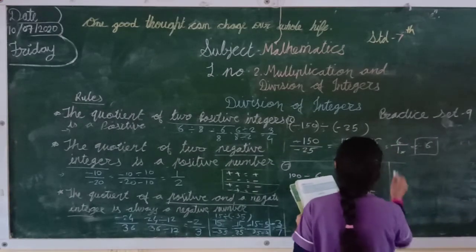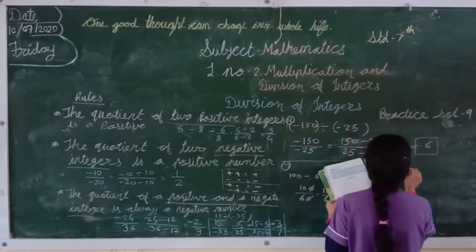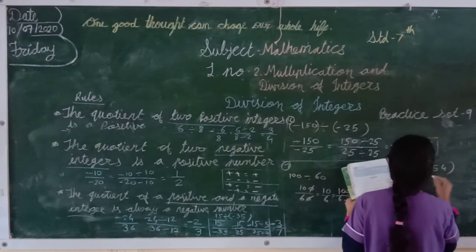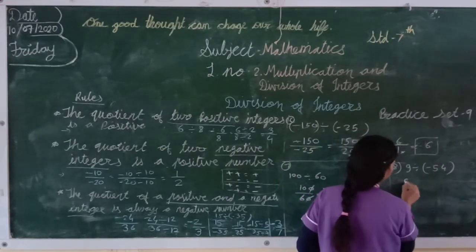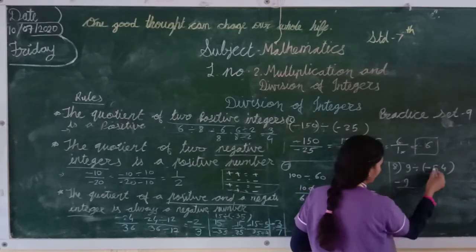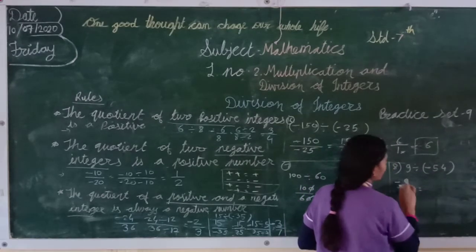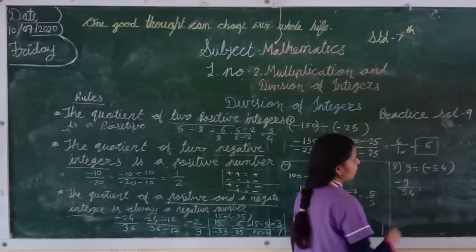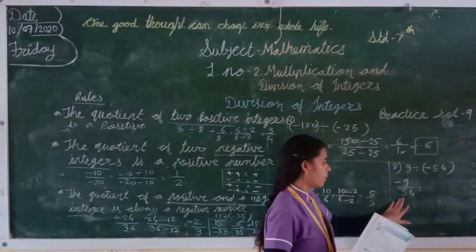Now students, 9 upon minus 54. The minus answer will go on the upper side, minus 54. So by which number will you divide, students? 9 and 54, both numbers come in table 9.